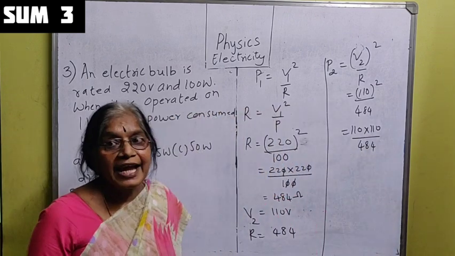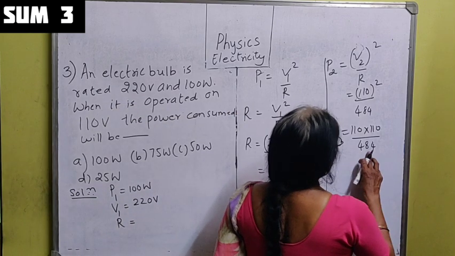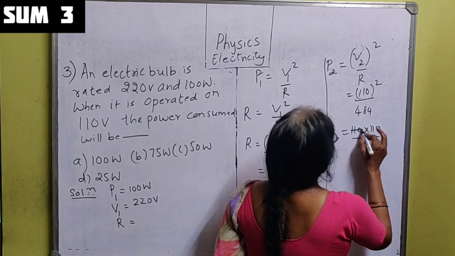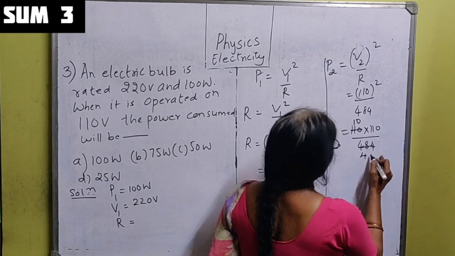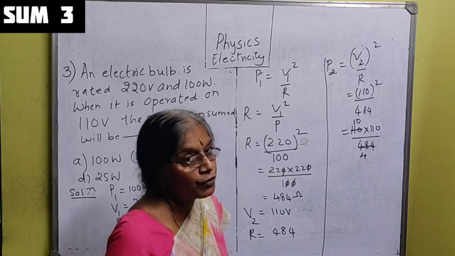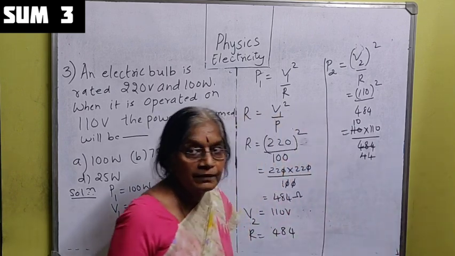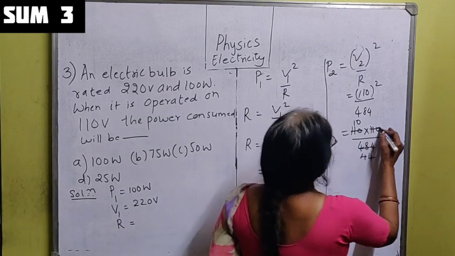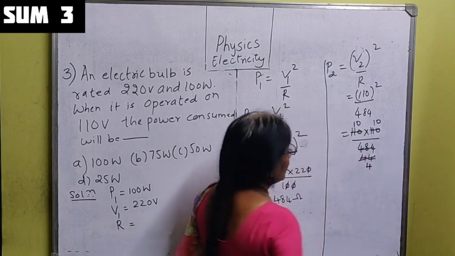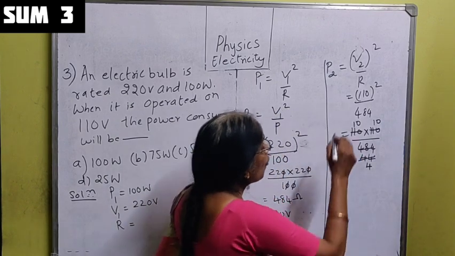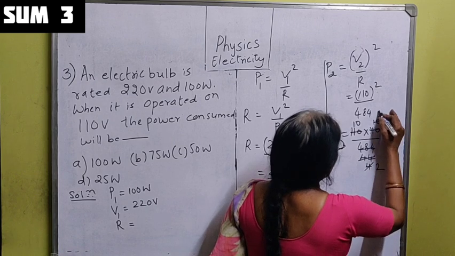So we'll try to cancel it. 11 will go: 11 fours are 44, 48 minus 44 is 4, again 11 fours are 44, again this will go. Now 4 and 10, again it will go. 2 twos are 4, 2 fives are 10.